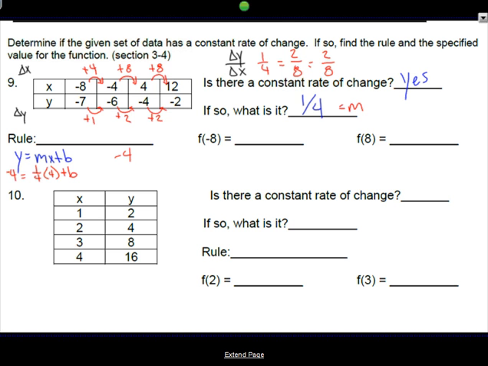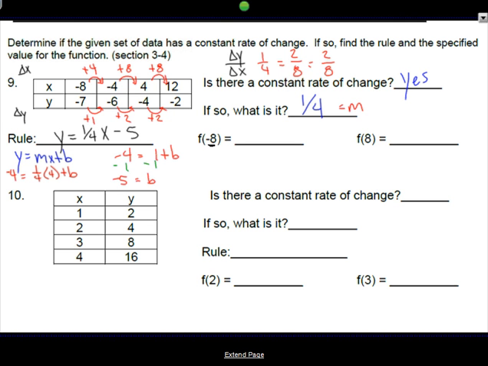So I have negative 4 is equal to 1 plus b. I subtract 1 from both sides, and I find out that my b is equal to negative 5. So my rule, y equals 1/4 x minus 5.